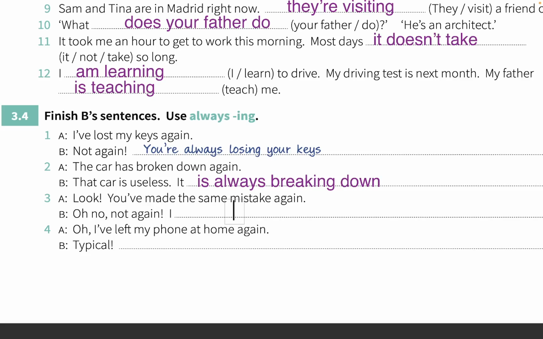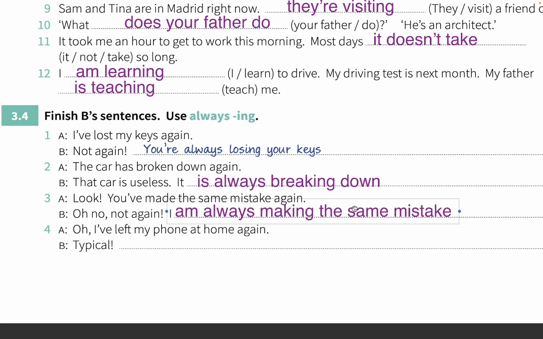I am always making the same mistake. The to be is am with always, and then made becomes making, the same mistake.